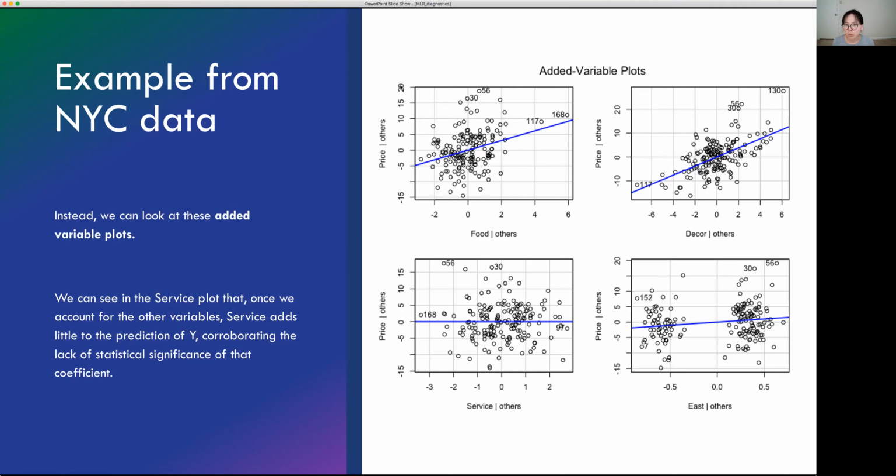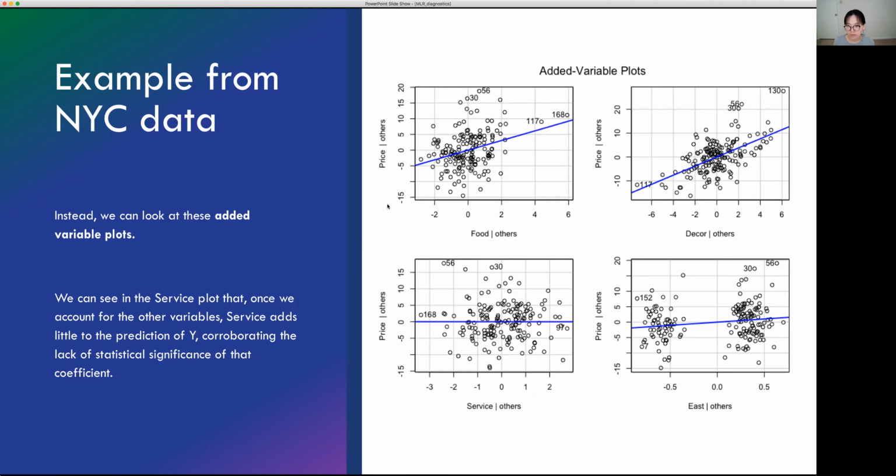Basically, on the y-axis is the residual of the price regressed on all other predictors besides food. And on the x-axis is the residual from the model of food regressed on all other three variables: decor, service, and east.